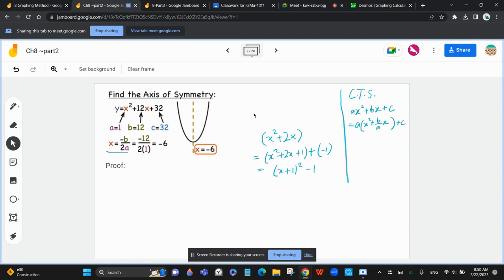So to complete the square, we need to match it with the formula x squared plus or minus 2ax plus a squared.